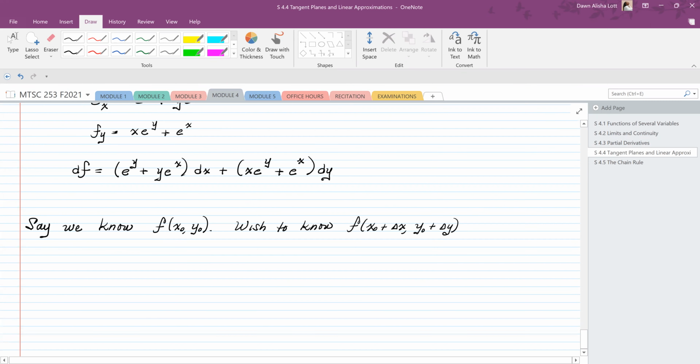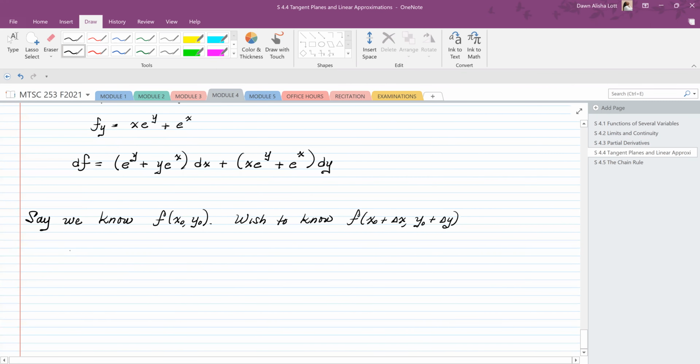Then the difference, which you can call delta f, is f of x naught plus delta x, y naught plus delta y, minus f of x naught, y naught.